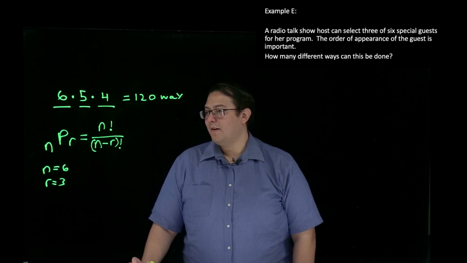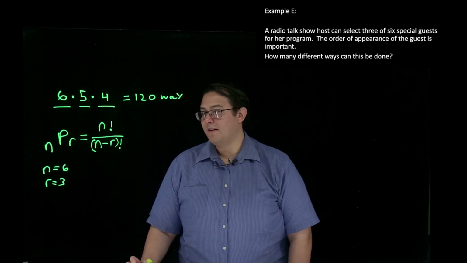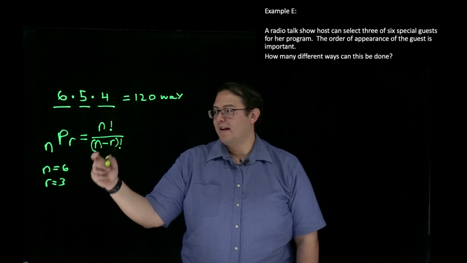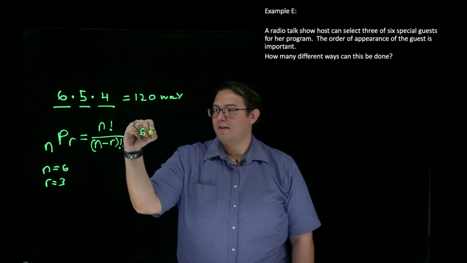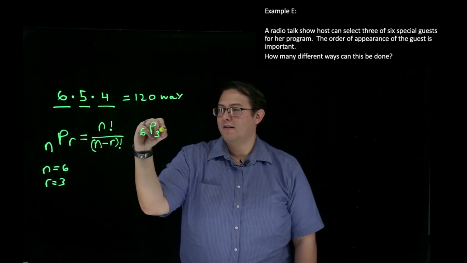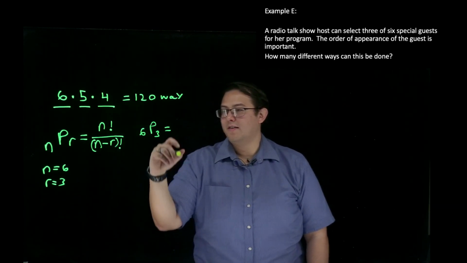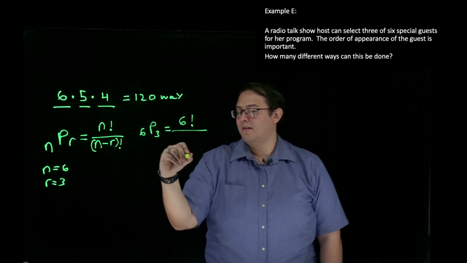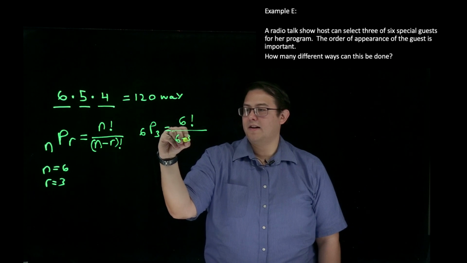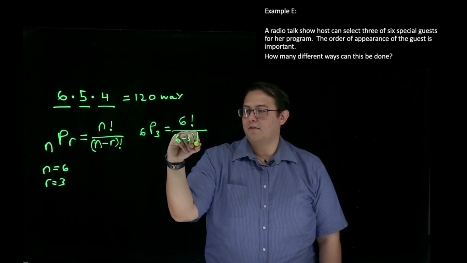Okay, so if we plug these numbers into the permutation formula, 6P3 is going to be equal to 6 factorial over 6 minus 3 factorial.